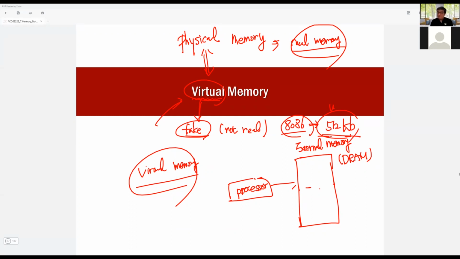So recently we use 4 gigabytes or 8 gigabytes of memory, and some very good smartphones use 6 or 8 gigabytes of main memory. It's very large compared to this value. But for the old computer system, the size of the main memory was very small. If we want to use a large memory, how can this processor use it?